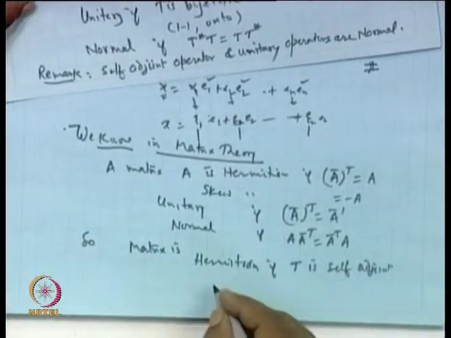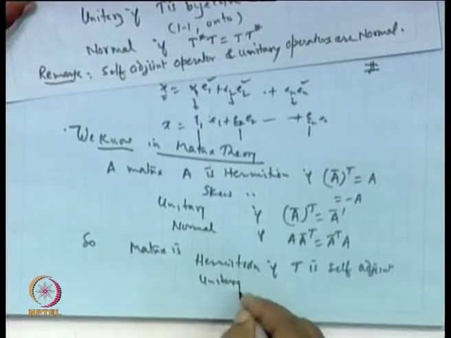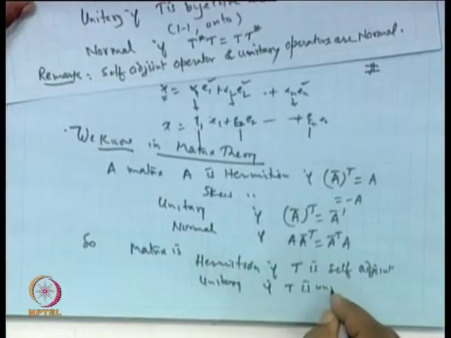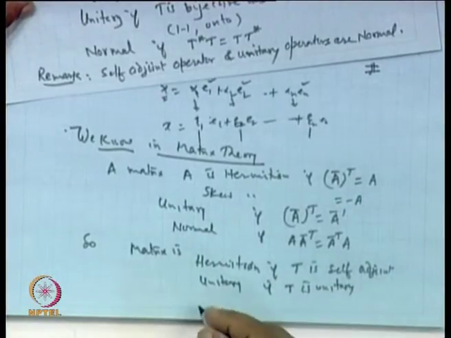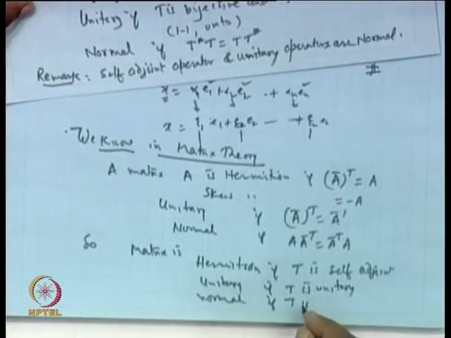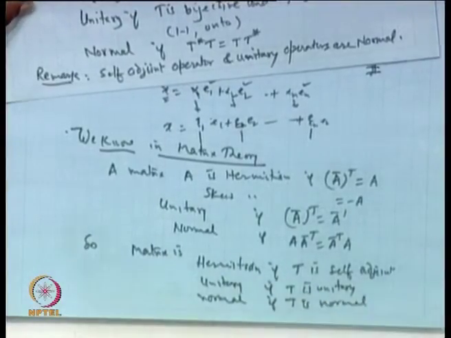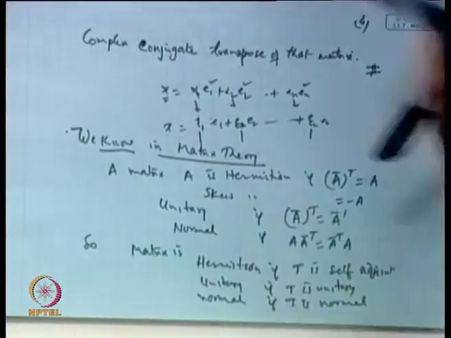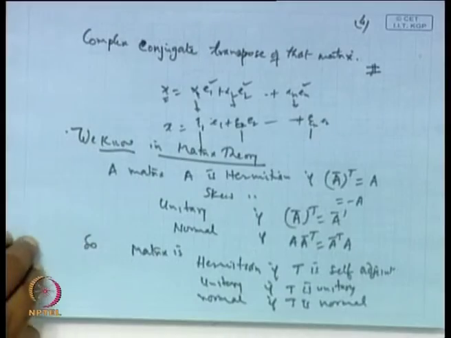And we say it is unitary if the corresponding operator T is unitary. And it is normal if the corresponding operator T is normal. Is it okay? So we can relate the theory of matrices with the operators. Clear?